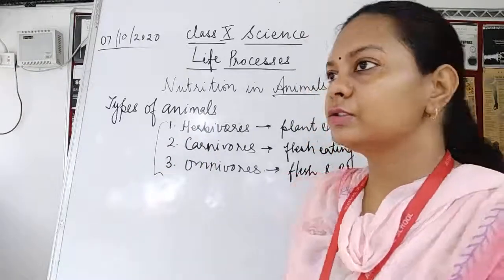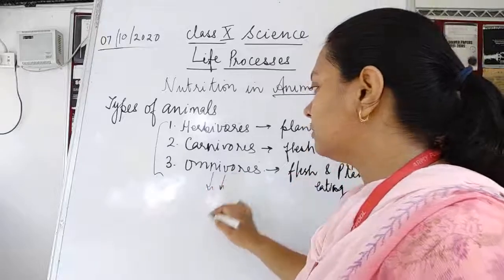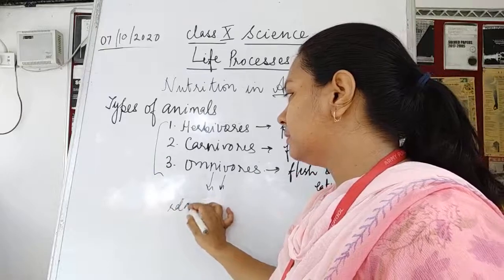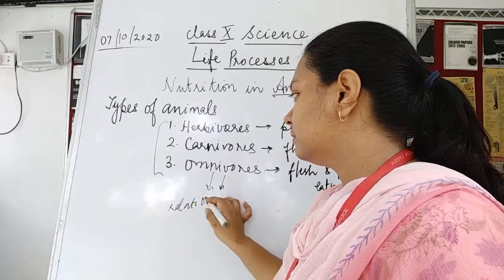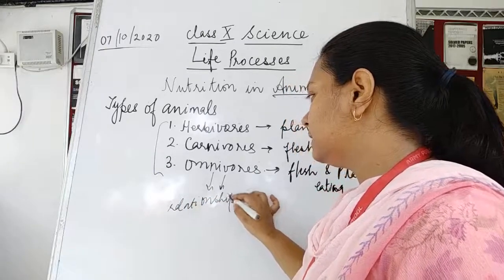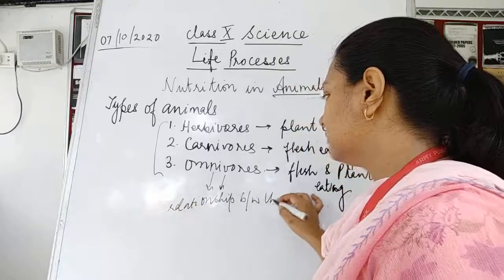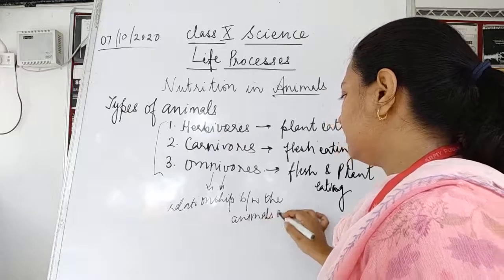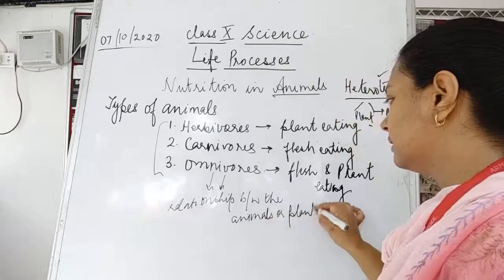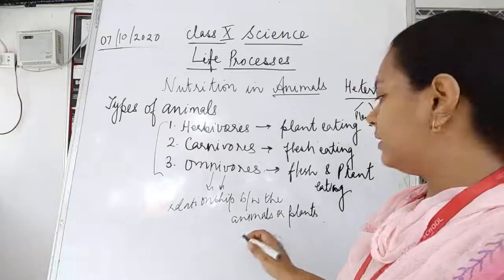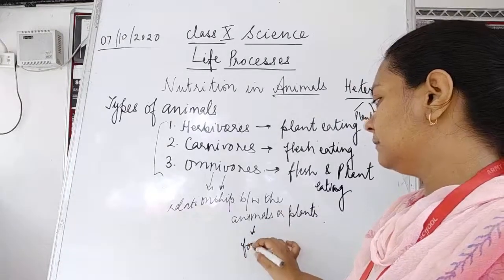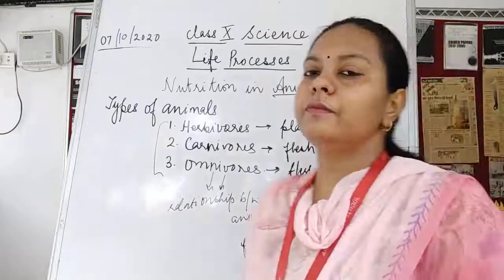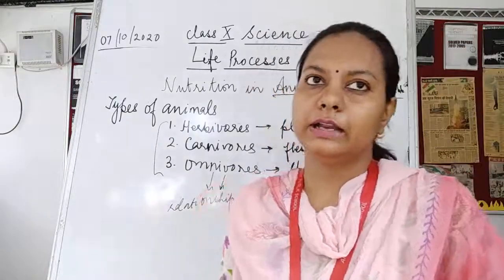The relationship between these animals and plants. Okay, so we have already studied this under the heading of food chain, where one animal is a food for the other animal.